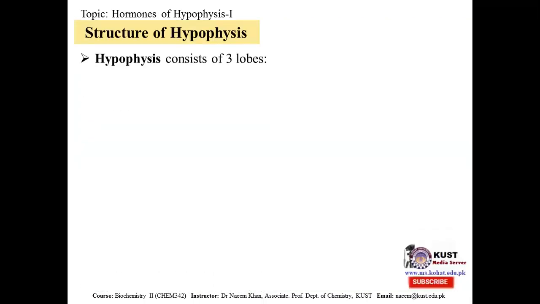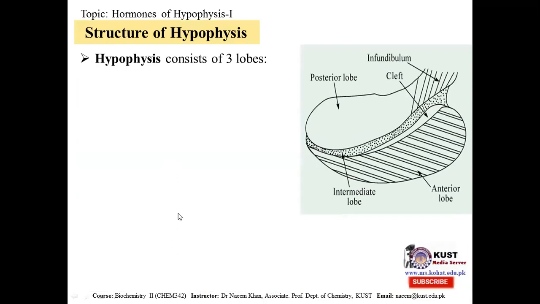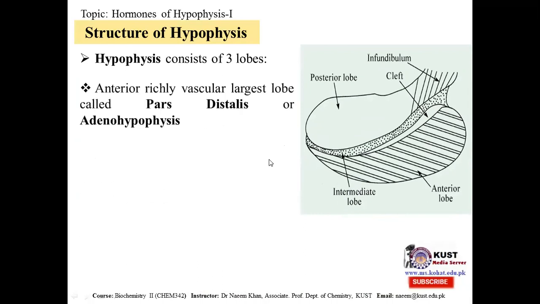Going to the structure of the hypophysis, it is basically composed of three lobes: the anterior lobe, the posterior lobe, and in the middle a small lobe called the intermediate lobe. The anterior lobe is the vascular portion and the largest lobe, known as pars distalis or adenohypophysis.